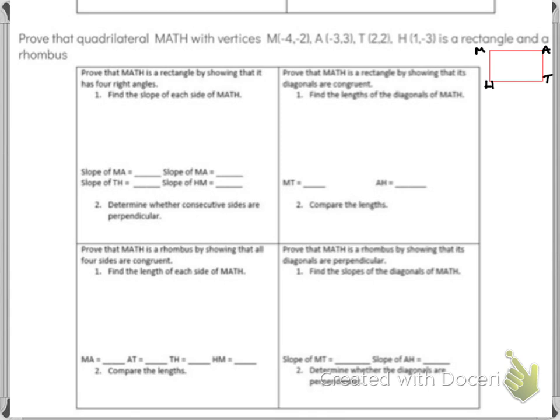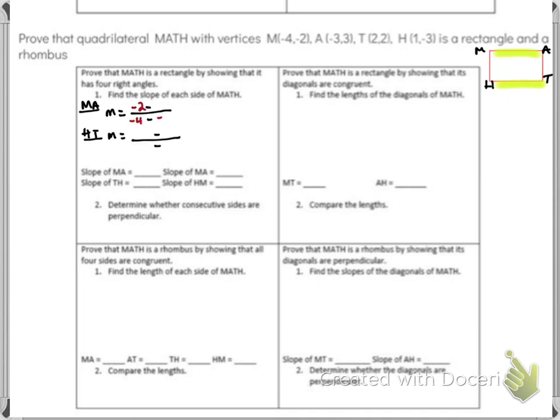So pause and see if you can do that first one. All right, so finding the slopes of each side, this is exactly what we did with parallelograms, so I'm hoping you know how to do it. Finding those slopes right here of MA and HT, go ahead and check your work with me. M is -4, -2, so the -4 goes at the bottom, -2 goes at the top.